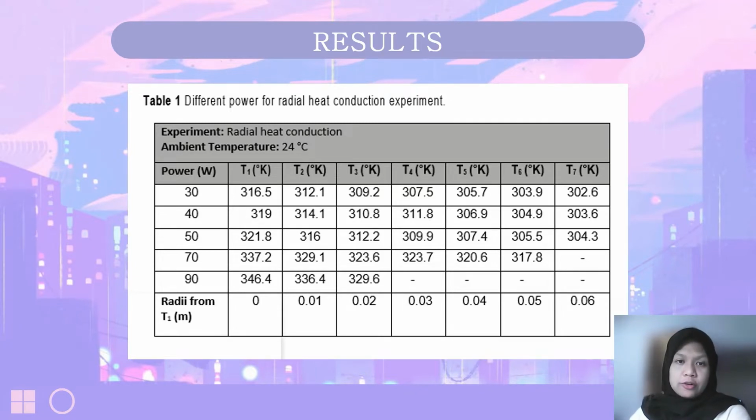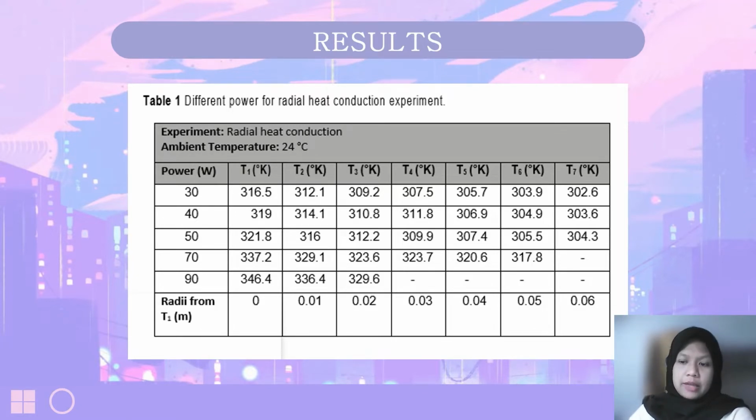But for temperature 4 until temperature 7, we couldn't get the exact value because the power is too high, so the temperature is way too hot to collect. So we don't have the exact value for T4 until T7 for 90 watt.